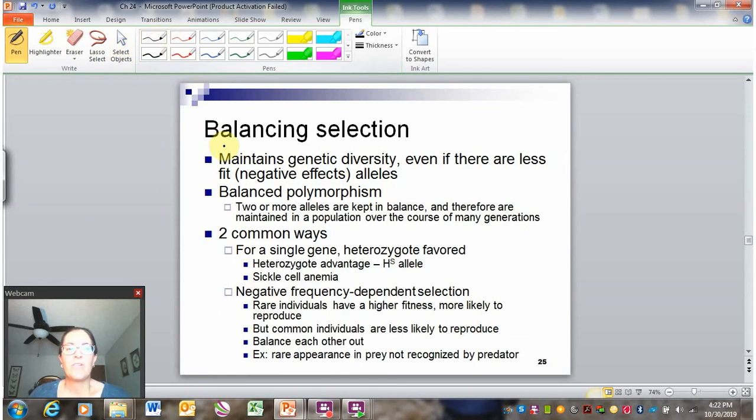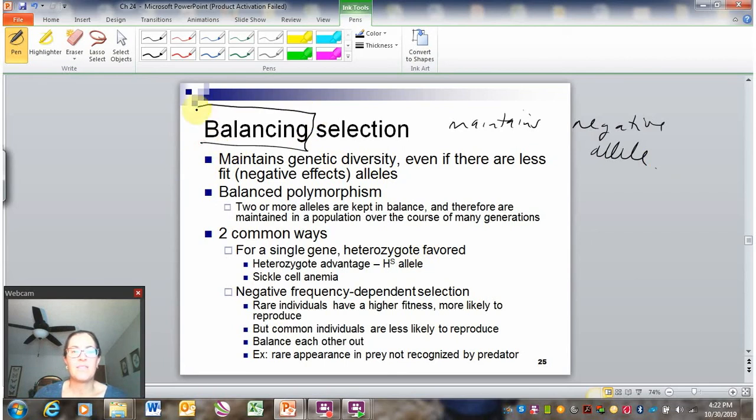So another pattern of selection is called balancing selection. And so balancing selection is when you get genetic diversity that's maintained, even if there are less fit alleles. So it maintains a negative allele even when it should be selected against. So the way that I kind of explain this term balancing, because it's a little bit confusing, is think about a negative allele.